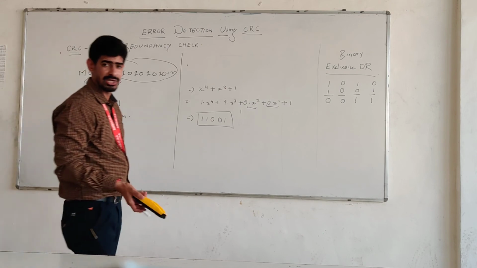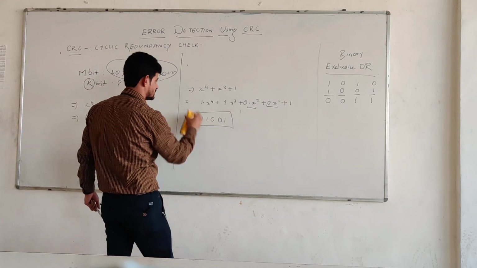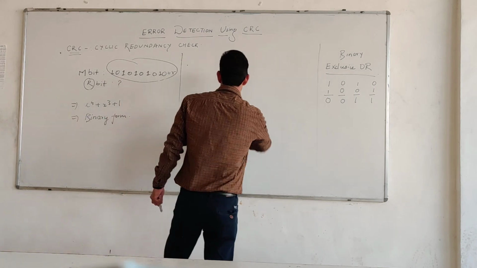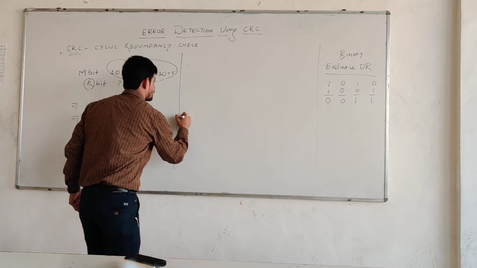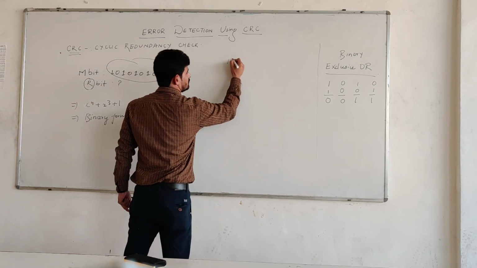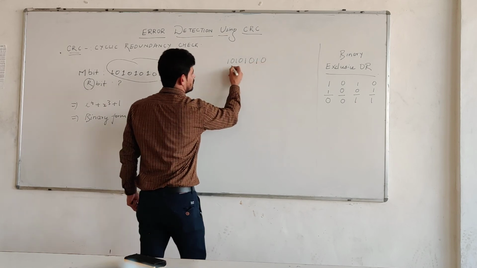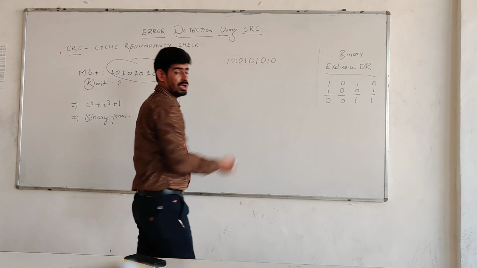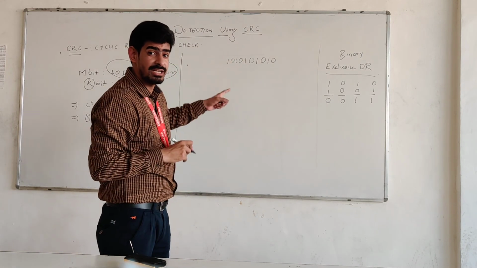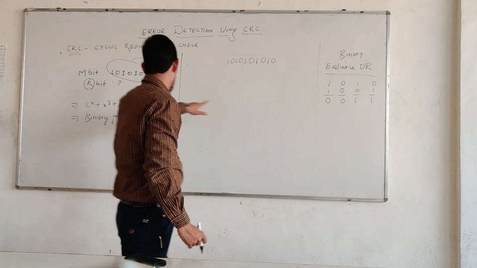So how will it be executed? Let's see. Your question divisor is this. Now your message bit is 10101010, and we will add the redundant bits to this dividend so that we get rid of errors.